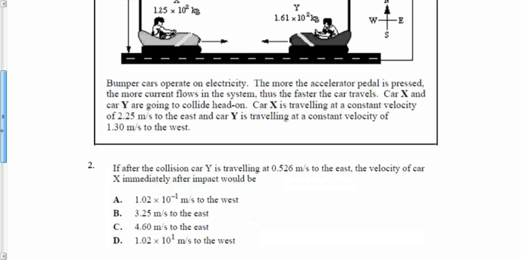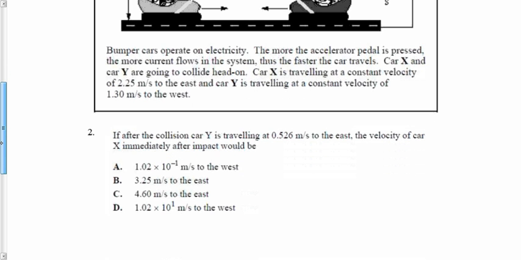Bumper cars collide with each other. We want to know after the collision how fast X is moving. Let's make X number 1 and Y number 2. Do we know the masses here? Yeah, we do. M1 is going to be 1.25 times 10 to the 2.